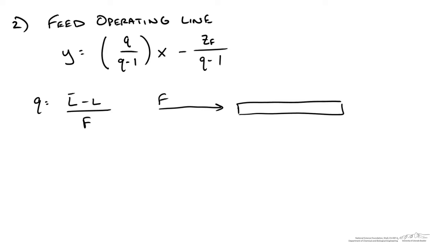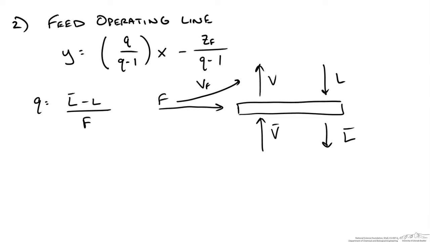We know that we have a vapor flow rate leaving, a liquid flow rate coming in. The vapor coming from the stripping section we designate V bar, and the liquid leaving the feed plate we designate L bar. And these flow rates are designated differently because we're not sure what the feed is. The feed could be some form of a vapor, or it could be some form of a liquid.